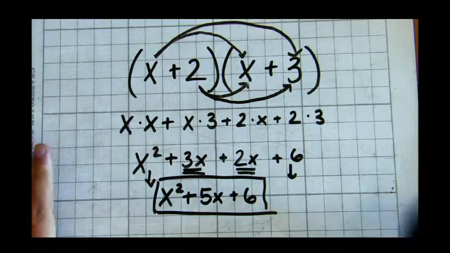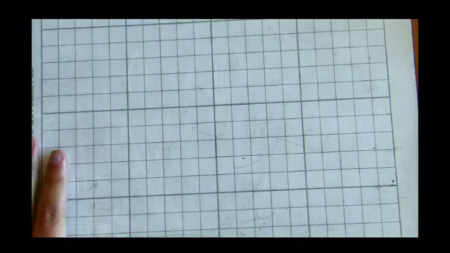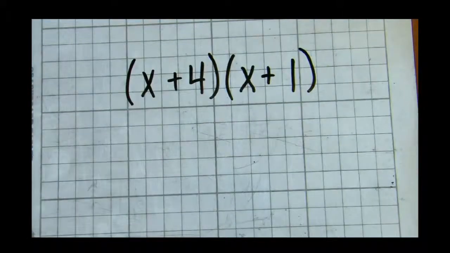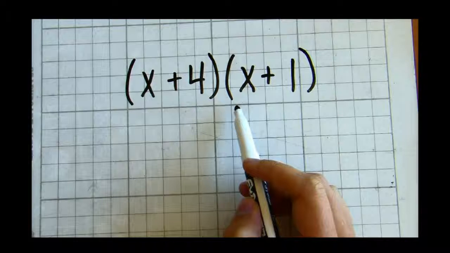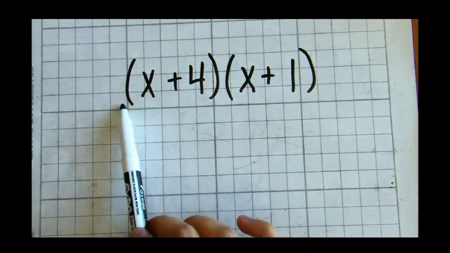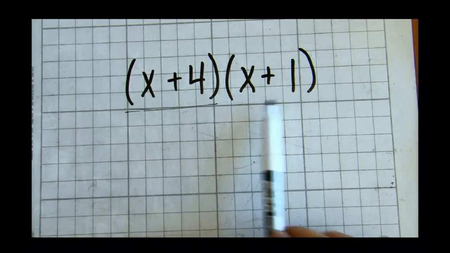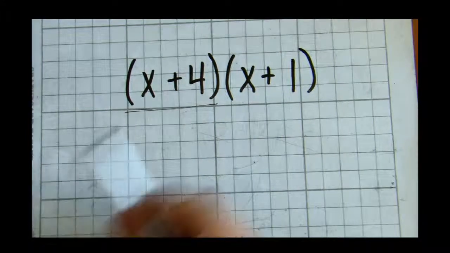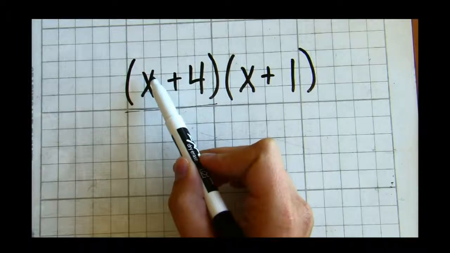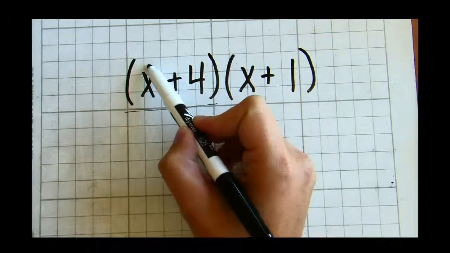Okay, go ahead and erase your boards. We're going to do another example. Okay, so get this problem written down. I'm going to be distributing what's in this set of parentheses to my second set of parentheses. So think about if I'm distributing this x, what's the first thing that I'm going to multiply my x by?